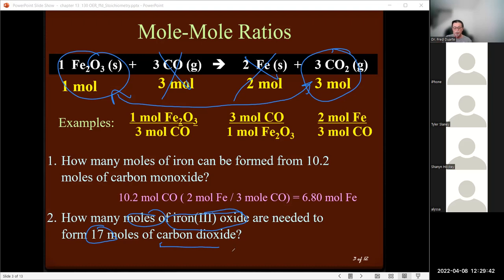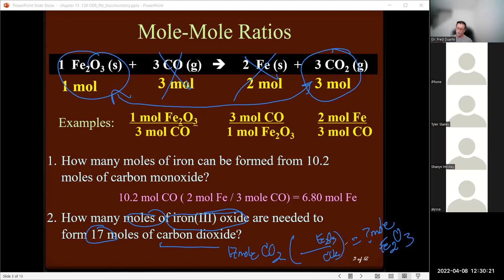So what do we do? We write down what we're given, which is 17 moles of carbon dioxide. That's what we need to make. We need to form that much. And we have a conversion factor there, and we're looking for moles of iron 3 oxide. So that tells us that we need iron 3 oxide in the numerator and carbon dioxide in the denominator.